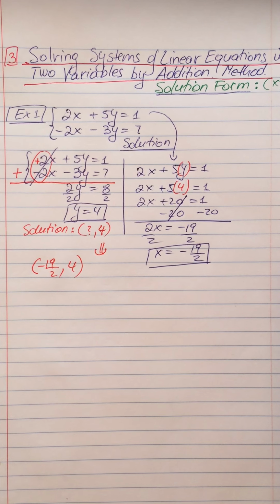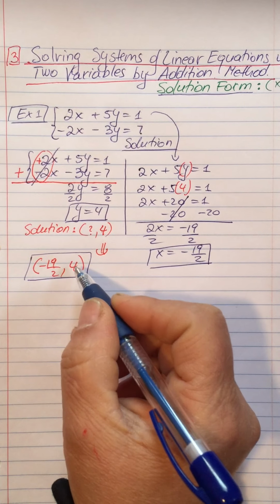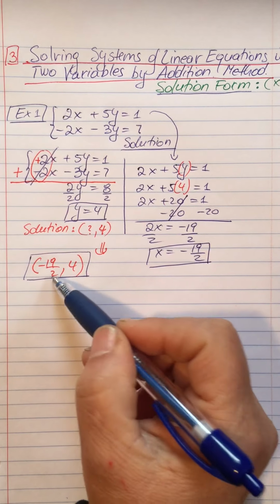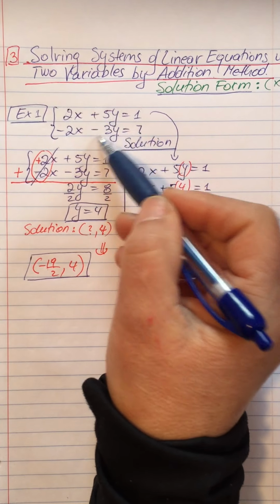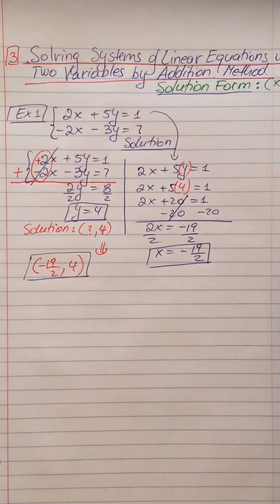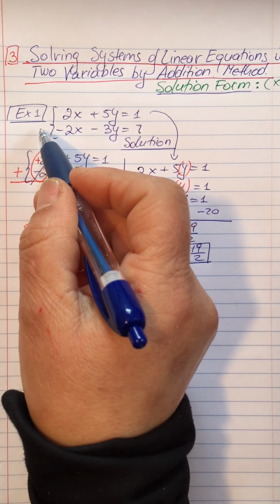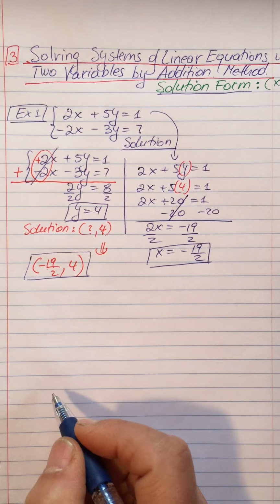Now, in order for this point to be a solution to the system, the values of x and y substituted into both equations must give me a true statement. Now, I will check the solution only in this first example. For the others, I am not going to check the solution.